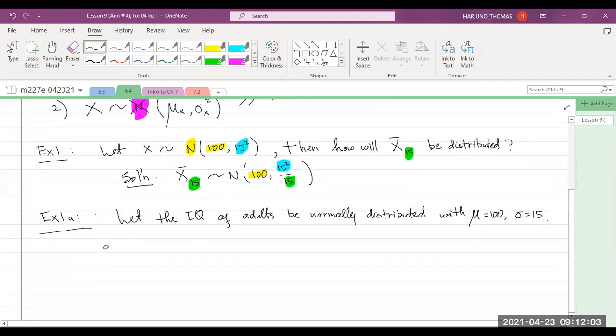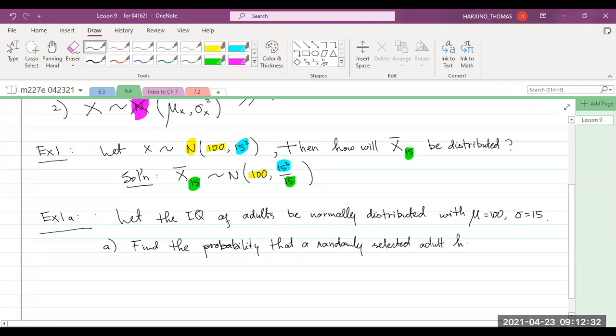Now part A, find the probability that a randomly selected adult has an IQ score more than 110.